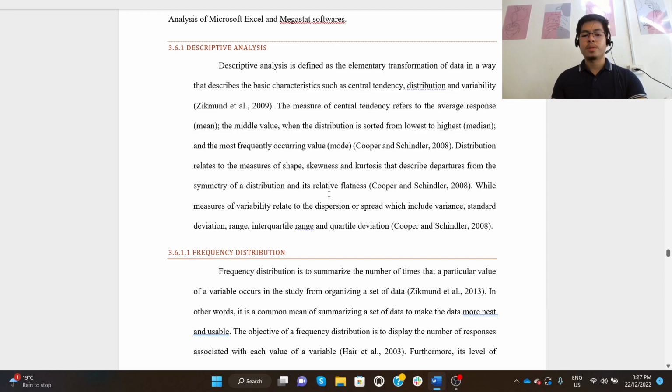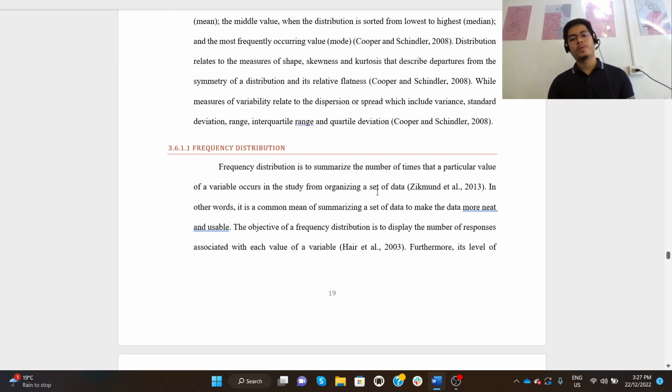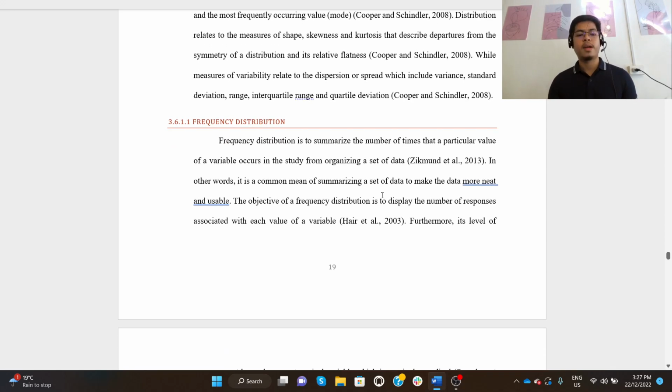Distribution relates to the measures of shape, skewness, and kurtosis that describe departures from the symmetry of a distribution and its relative flatness, according to Cooper and Schindler 2008. While measures of variability relate to the dispersion or spread, which include variance, standard deviation, range, interquartile range, and quartile deviation, according to Cooper and Schindler 2008.